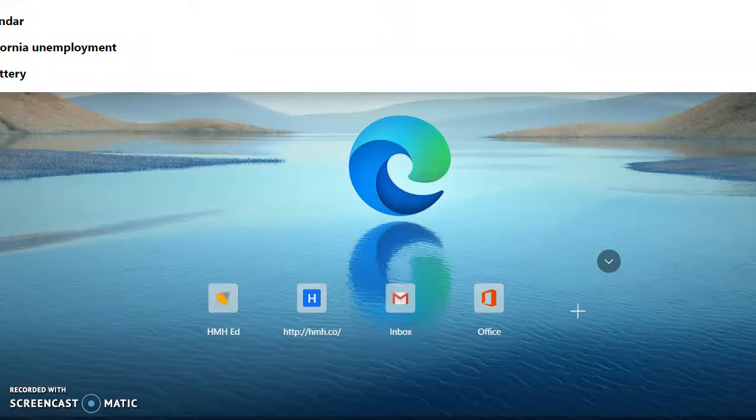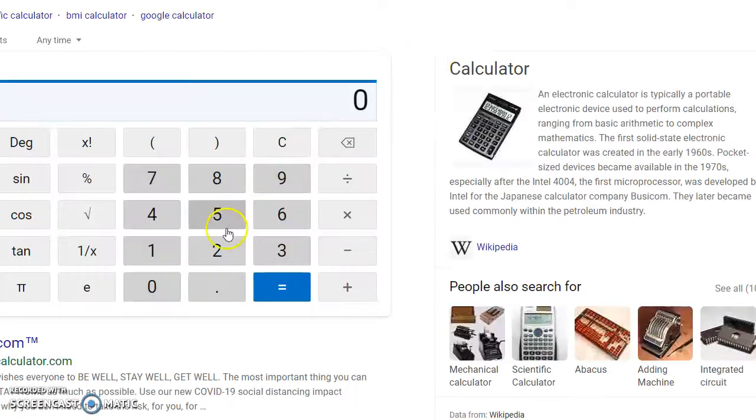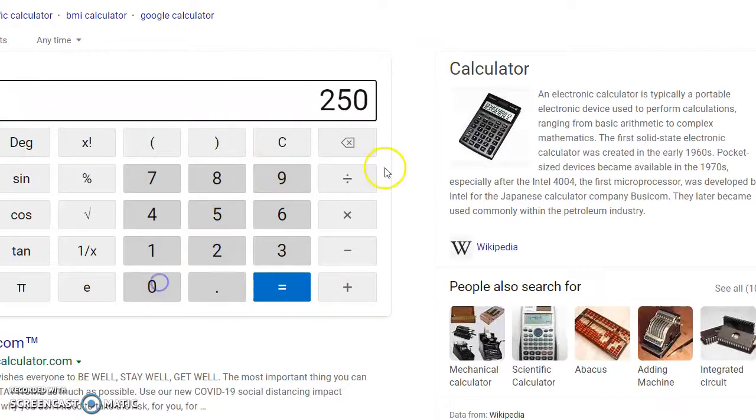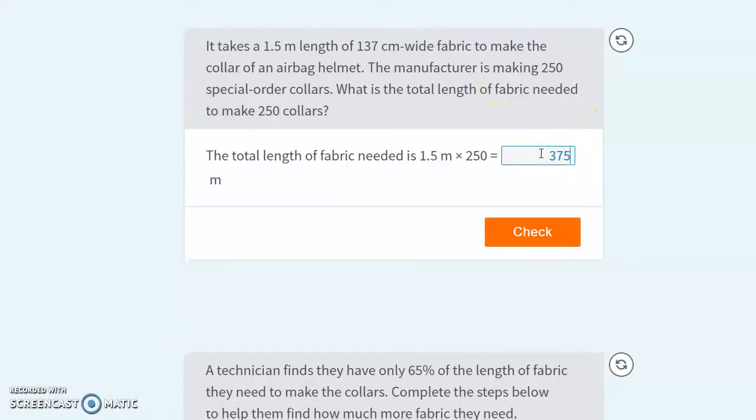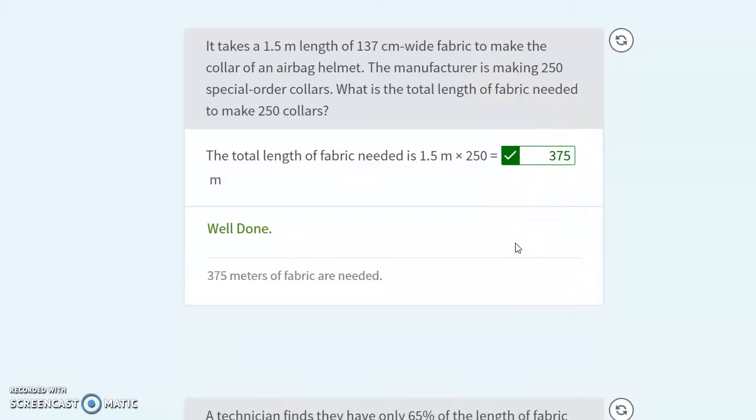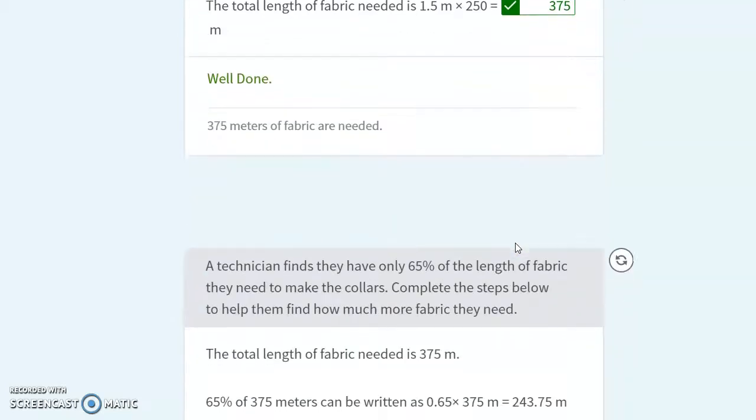Find your favorite calculator and do 250 times 1.5 equals 375. So let's check ourselves. 375 meters of fabric will be needed.